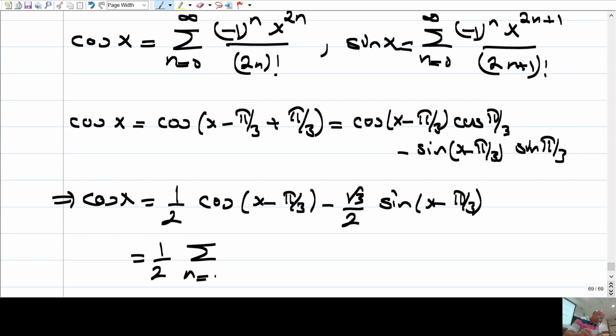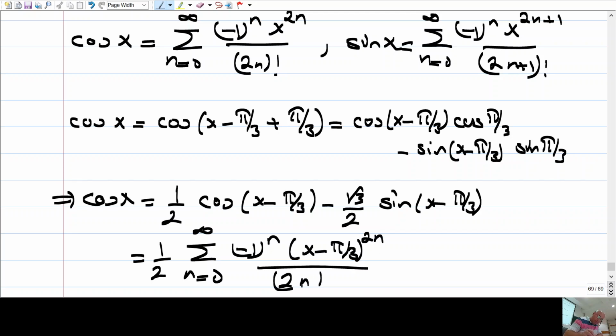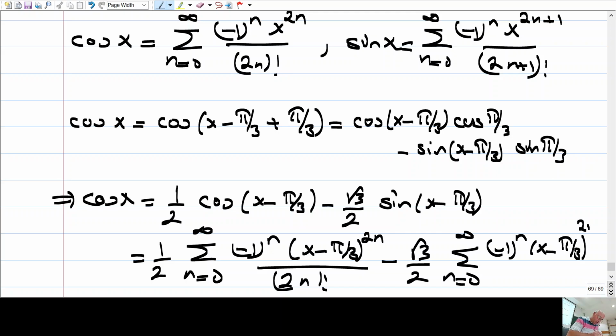This is the sum from 0 to infinity of minus 1 to the power n, x minus pi over 3 to the power 2n divided by 2n factorial, minus square root of 3 over 2 and then the summation of minus 1 to the power n. Instead of x, I write x minus pi over 3 to the power 2n plus 1 divided by 2n plus 1 factorial.